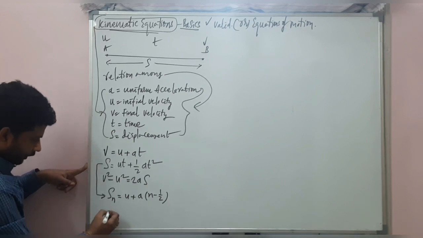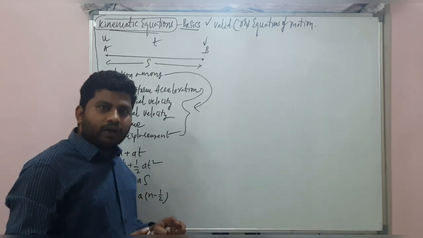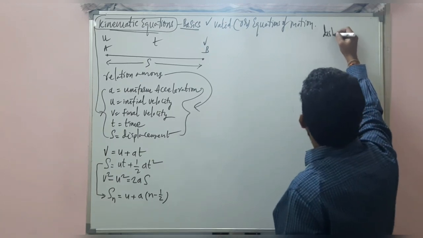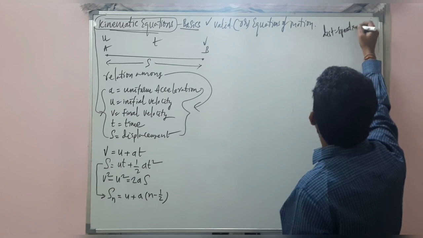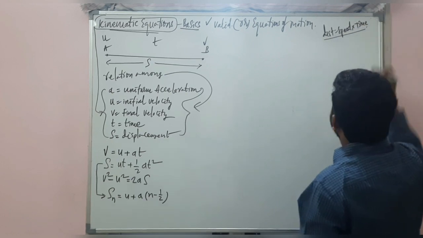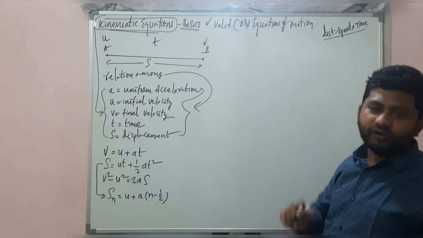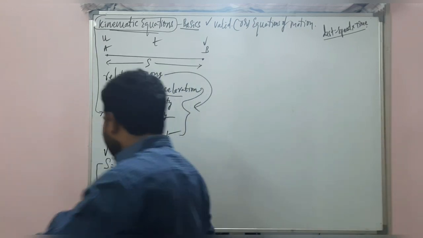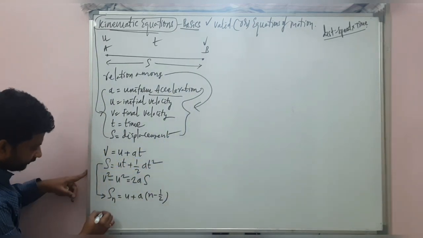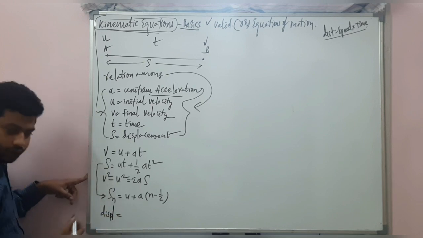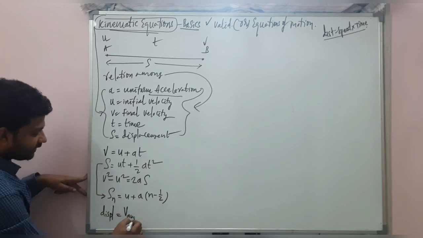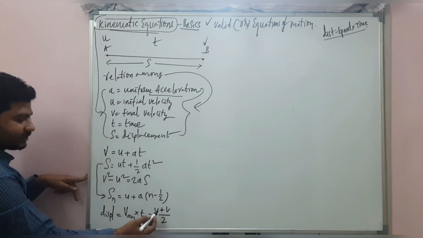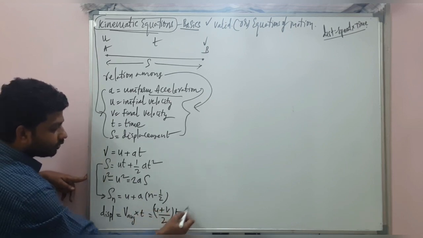Then another equation also comes under the kinematic equations. Listen to me carefully. We know distance is equal to speed into time. If a body is moving with uniform acceleration, you can write another equation: displacement is equal to average velocity into time, where average velocity in this case will be initial velocity plus final velocity by 2, into time taken.